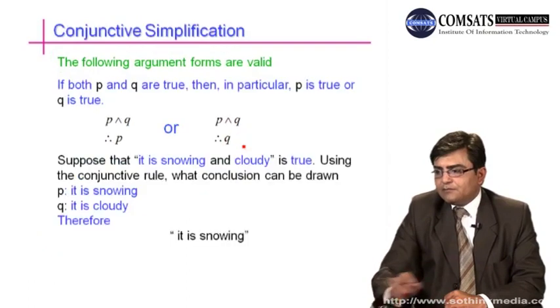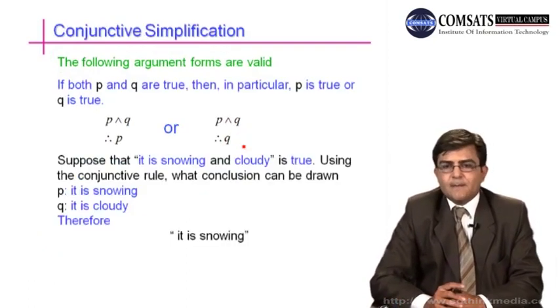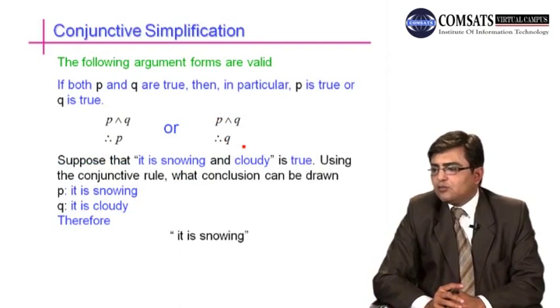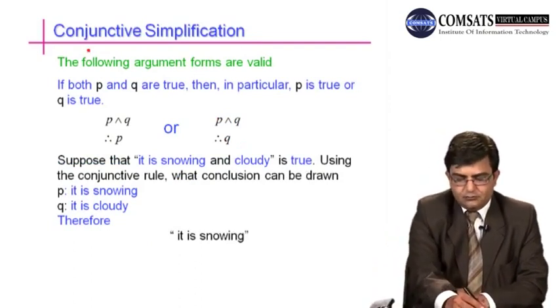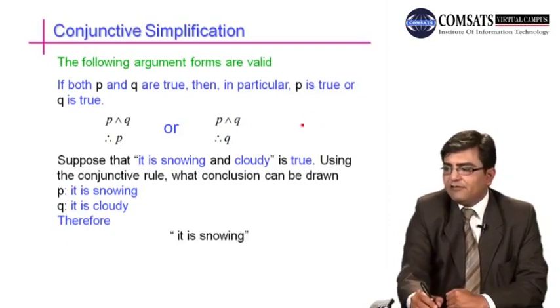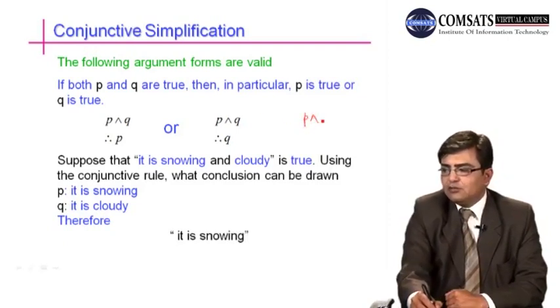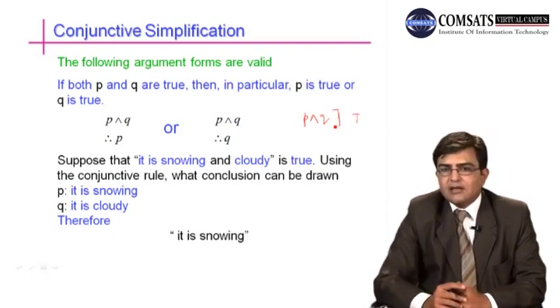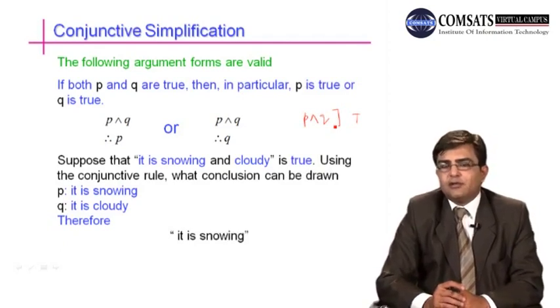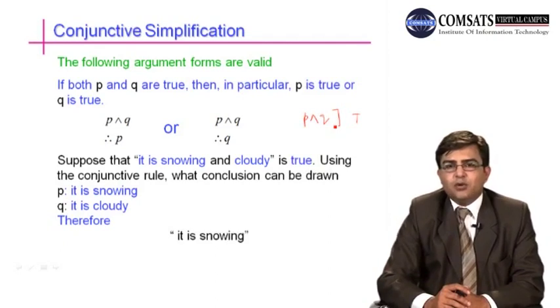The next is conjunctive simplification. If we have P and Q, and this premise is true, then what we can conclude from this compound proposition is that both P and Q must be true for this premise to be true.